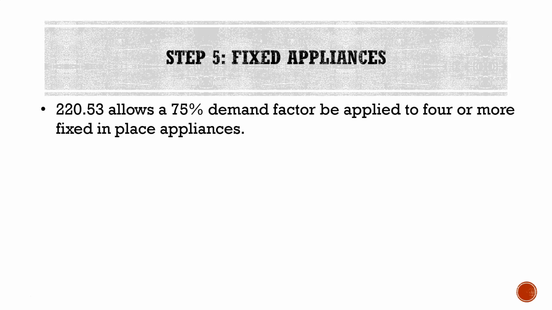But once you've converted all of them to wattage, all you have to do is add them together and then find 75% of that total amount, and that's going to be your step 5 amount. And it's important to note, and remember, we can only do this if we have 4 or more fixed in place appliances. If we only have 3 or less than 3, we have to rate them at 100% of the appliance load.